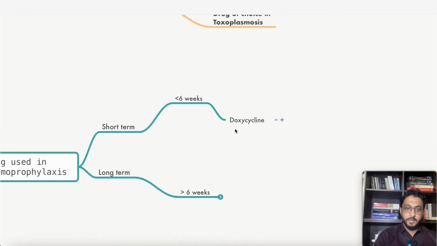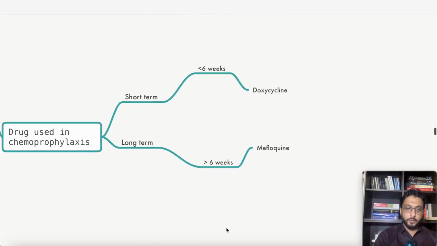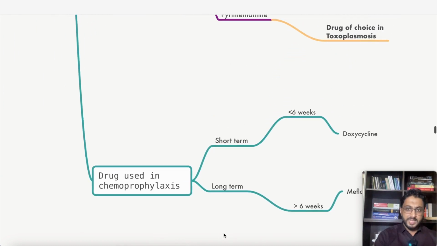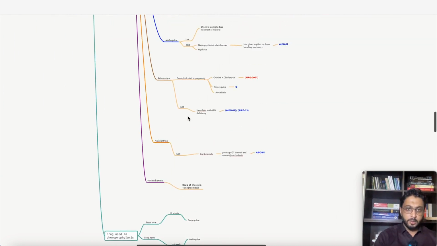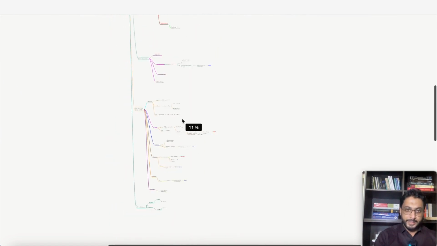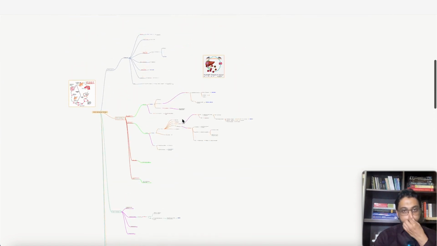For less than 6 weeks, doxycycline, the tetracycline, is the drug of choice, and mefloquine is if you're using it for a very longer period. So by that I'll come to the end of this, but I know that it's a little complicated, a little problematic area, but I want you to revise it every day morning, multiple times if possible, or at least once every day morning, tomorrow, day after tomorrow, till it enters.